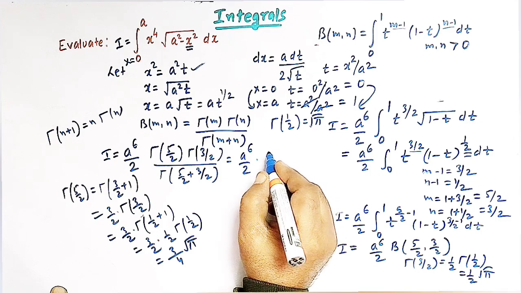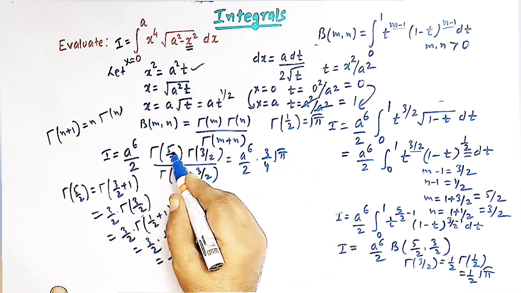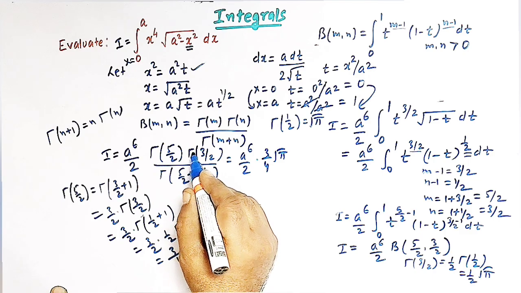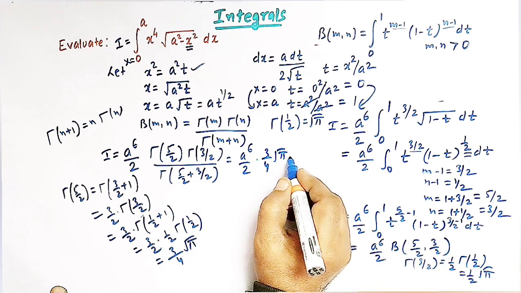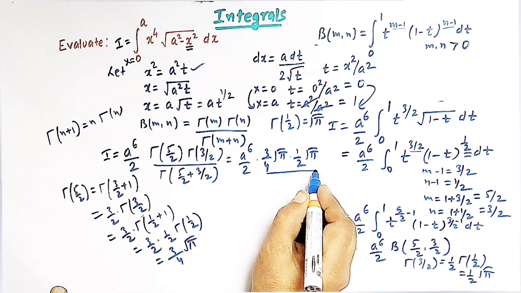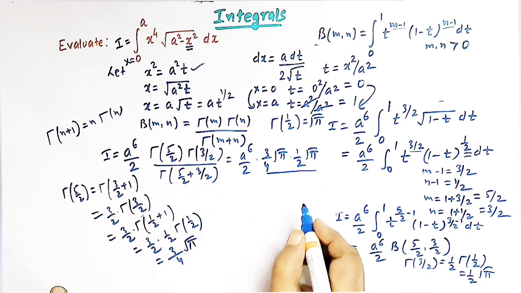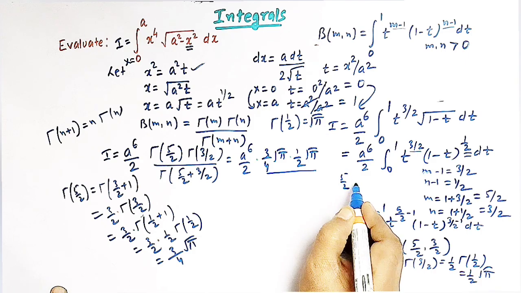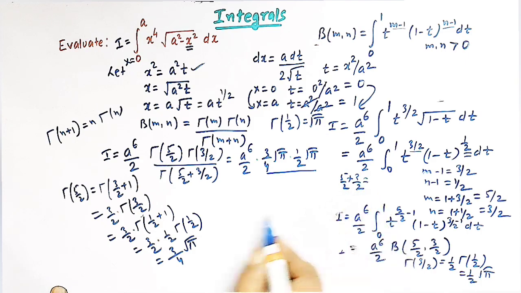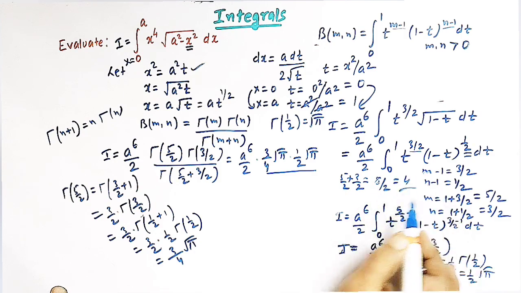So here we can now write 3 by 4 square root of pi for gamma 5 over 2, and for gamma 3 over 2 we can write half root pi, and in the denominator we have 5 by 2 plus 3 by 2. So 5 by 2 plus 3 by 2 is 8 over 2, and 8 over 2 is 4, right?